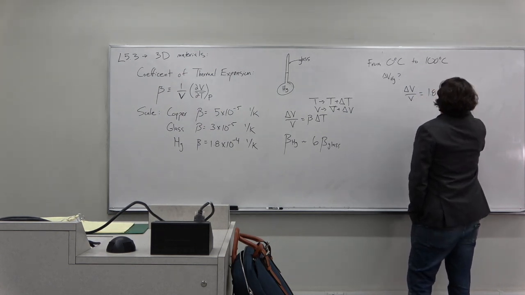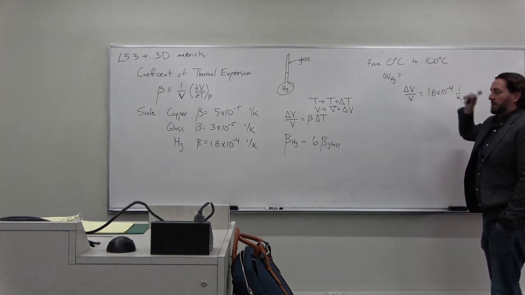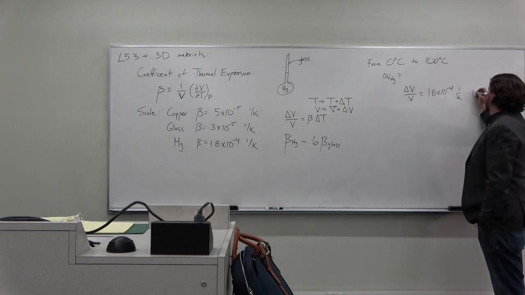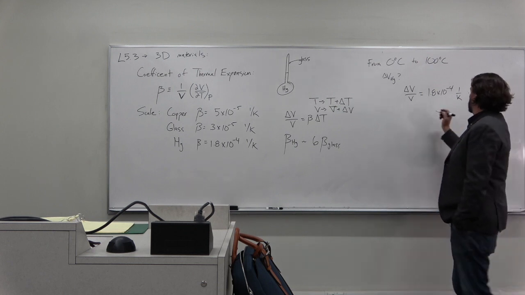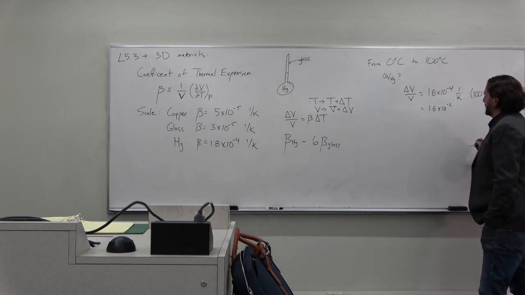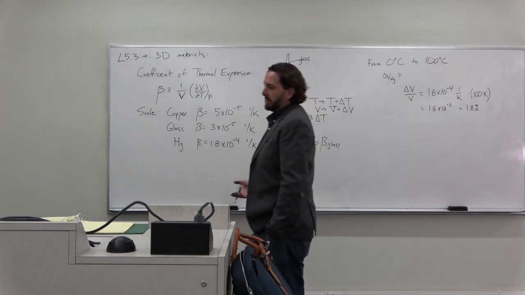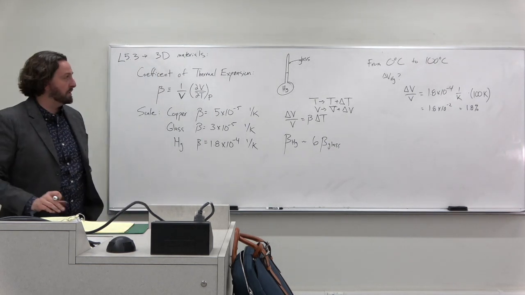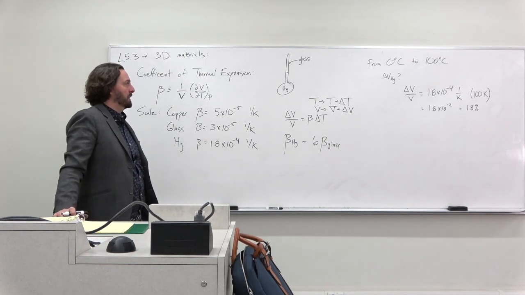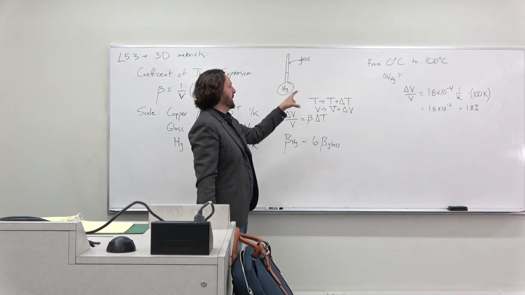Units are inverse Kelvin. So we need to take our delta T, which I've defined in Celsius, and convert it to a Kelvin. That's easy enough. That's 100. And so this is 1.8 times 10 to the minus 2. Or another way to say it is 1.8%. So it's actually a relatively small percentage change that's happening in our thermometer. So we can imagine heating up, but it only changes its volume by 1.8%.